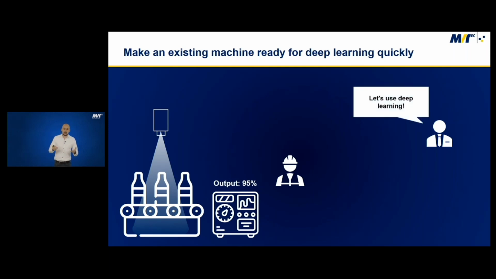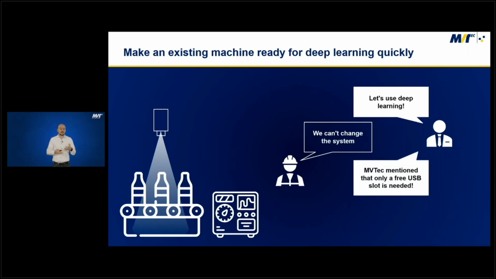So typically someone from your management comes up and says, oh, I heard something about deep learning, let's use it because deep learning helps for everything. And then you look at your system and you have no possibility to change any hardware. You don't have the possibility to put in high-powered GPUs as your industrial PC setup is fixed, and there is no need and no possibility to change.